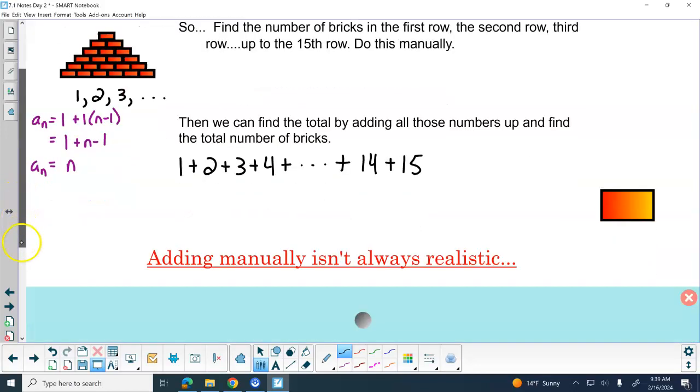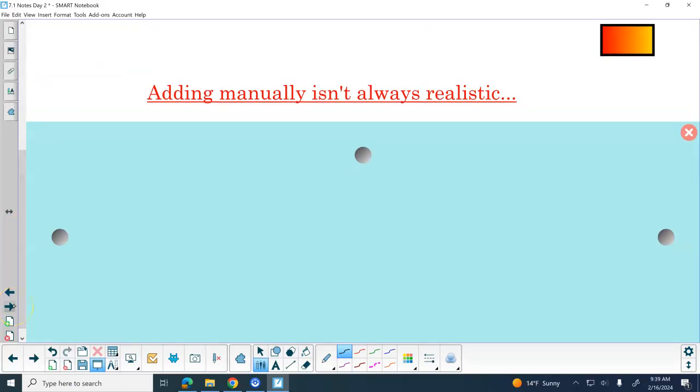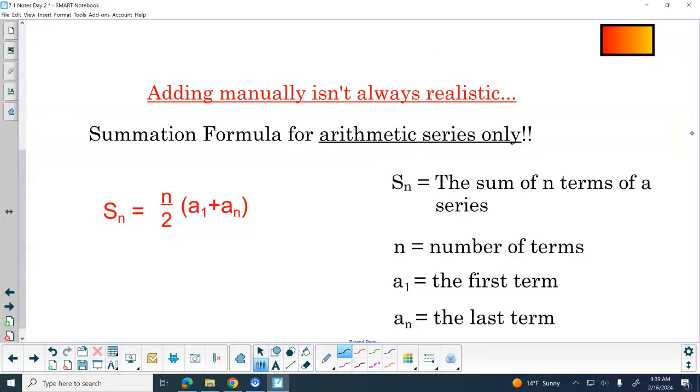So that's where we would just use our formula. We've got 15 total rows. Our first one was 1.